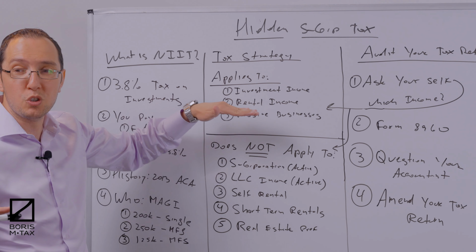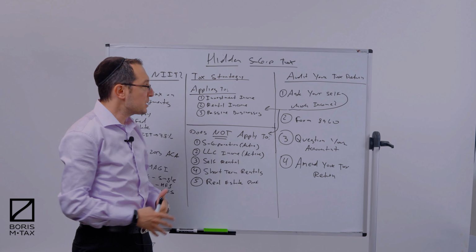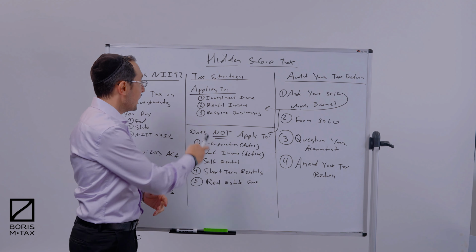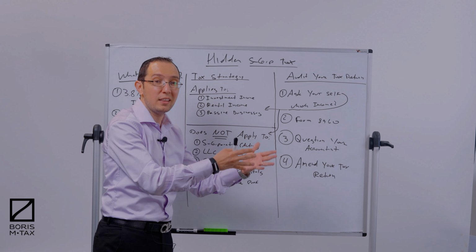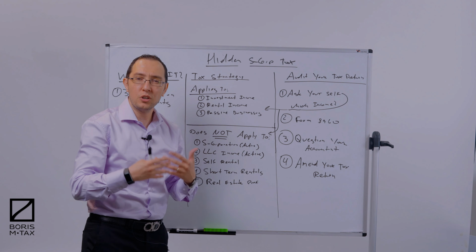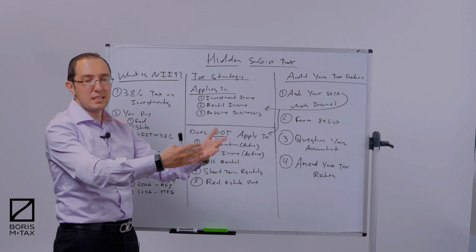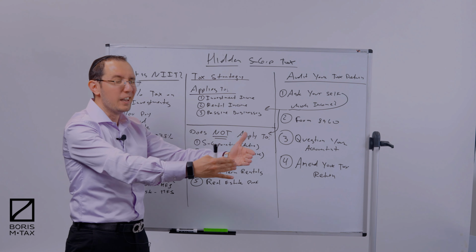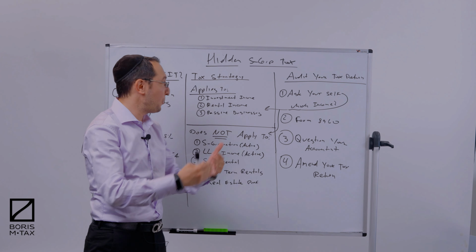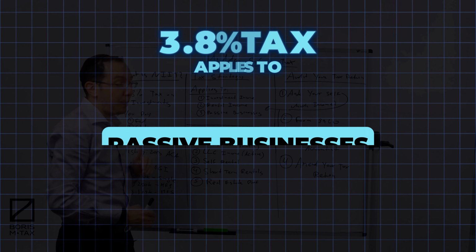But what's important to note is not the technicality, it's what this tax applies to. Rental income. This tax also applies to rental income because rental income, in most cases, if you're not a real estate professional, is considered passive income. So that is an investment income, and you pay 3.8% tax on that. Also passive businesses.